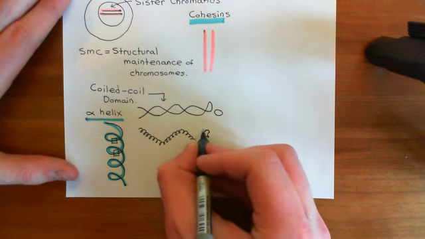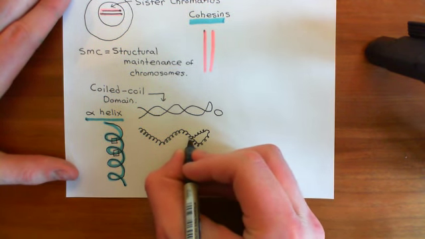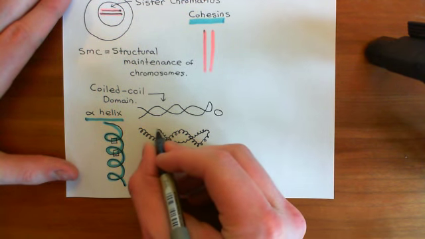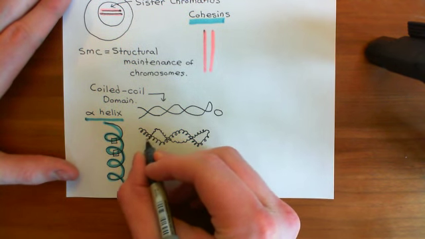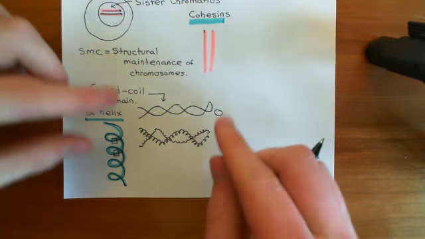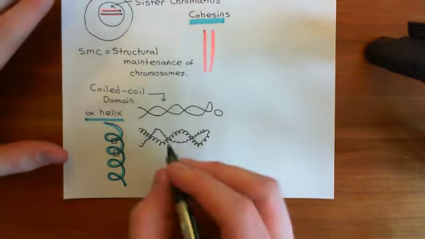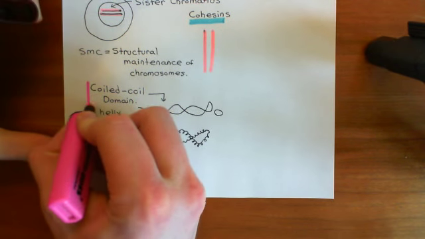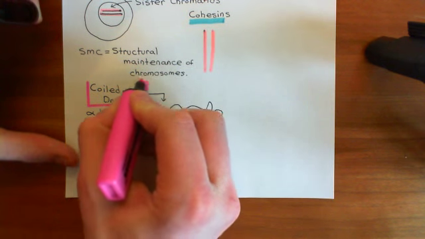So the full thing is now going to turn around, and then it's going to intertwine with itself like so. Okay, and such a domain which has this alpha helix coiled around itself like this is known as a coiled coil domain. Okay, so this full thing is a coiled coil domain.